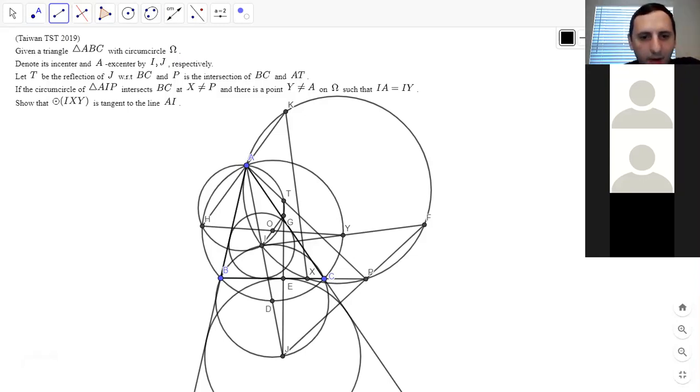Okay, so do we know that H, O, and Y are collinear? I feel like maybe we could start proving that. We could show angle HAY is 90 if we can prove IX is parallel to AY. Yeah, but IX parallel to AY is equivalent to saying that OI is perpendicular to IX.